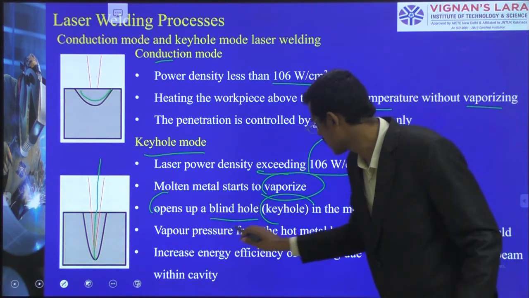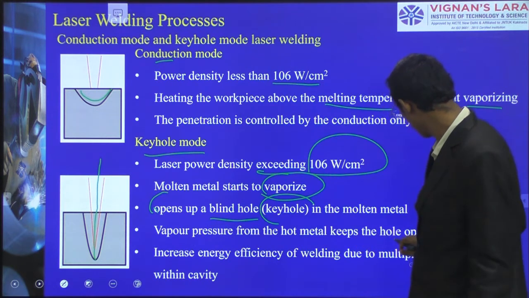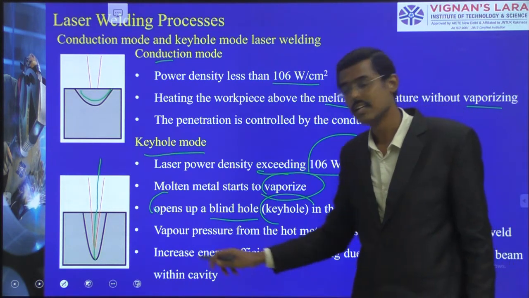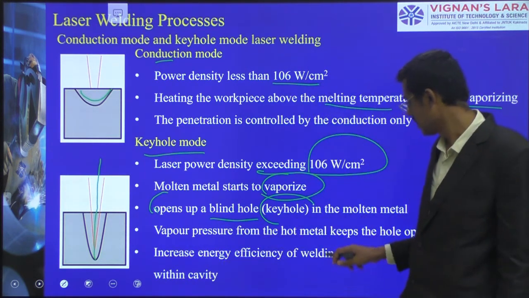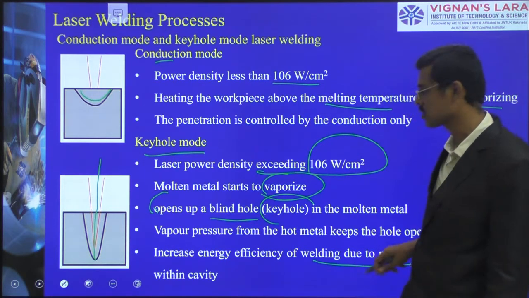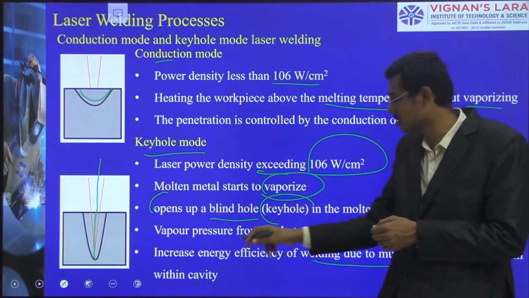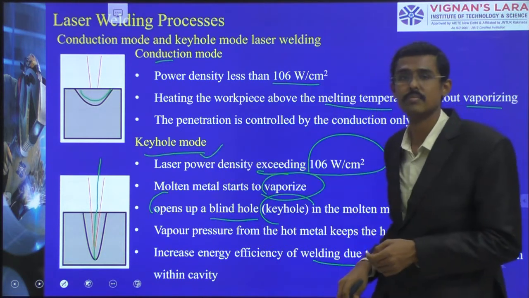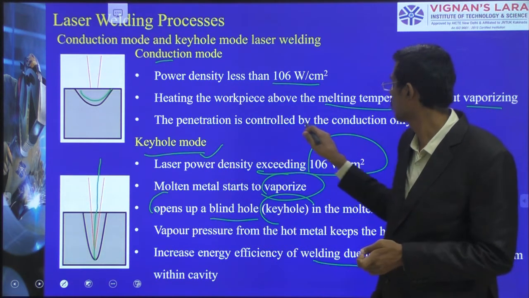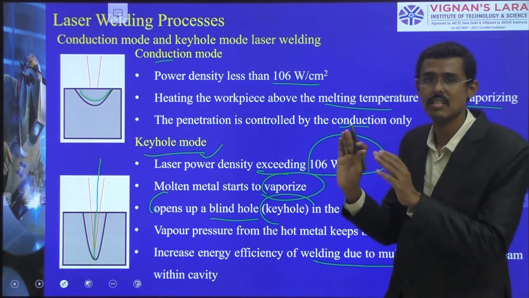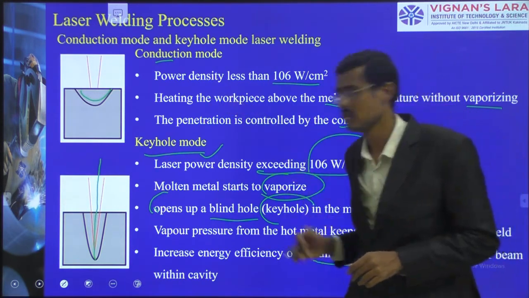Vapor pressure from the hot material keeps the hole open during the welding, increasing the energy efficiency of welding due to multiple reflections in the cavity. So we can do deeper penetrations also in the keyhole mode. In the conduction mode, the penetration is controlled by conduction only.